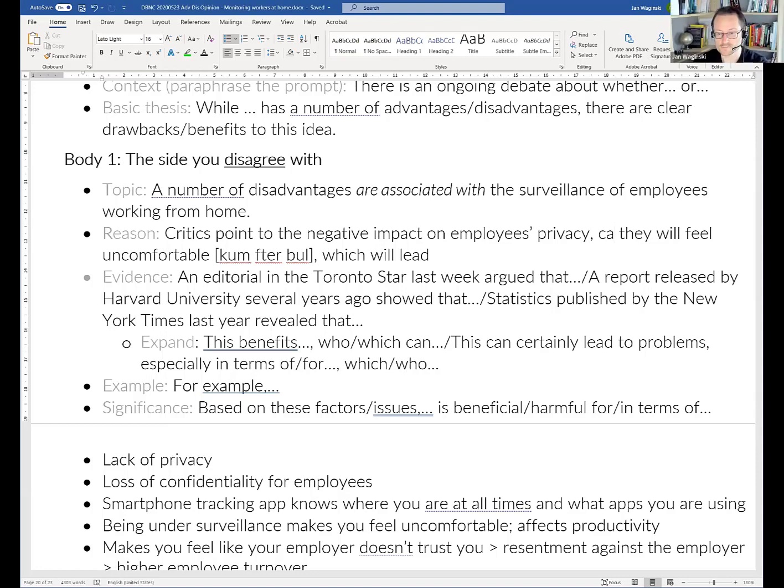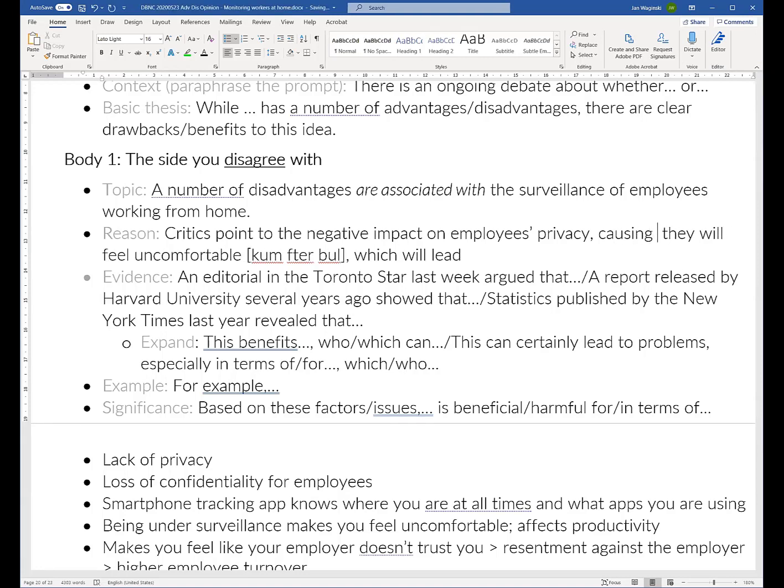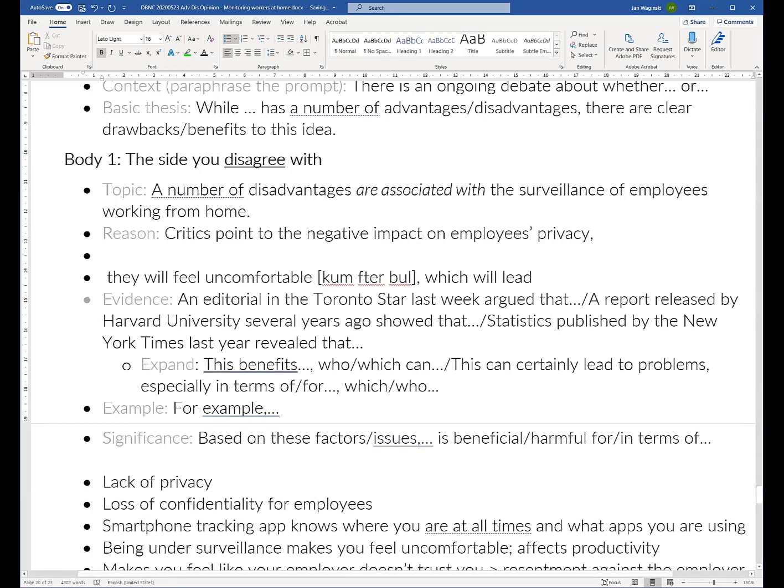Okay, or which will lead them to be more stressed. Which will lead to work under pressure, causing them to work in a stressful environment.